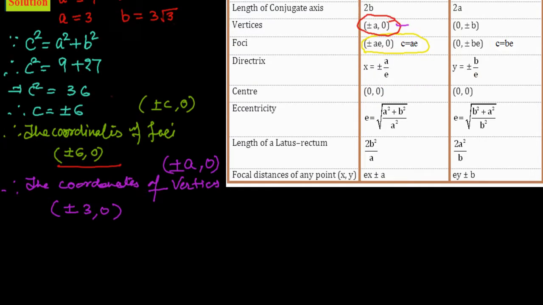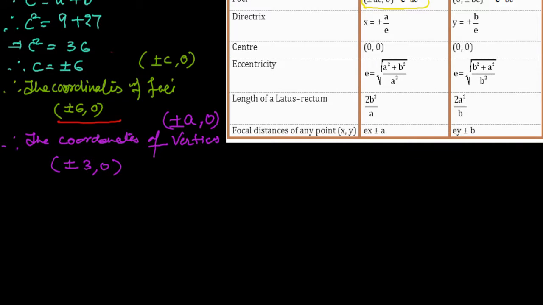I have previously explained in my previous video that eccentricity is equal to c upon a, because you see here a square plus b square is equal to c square. If we take the square root of this, it would be c, and square root of a square is a, so we will get c upon a here. So therefore eccentricity is equal to c upon a.